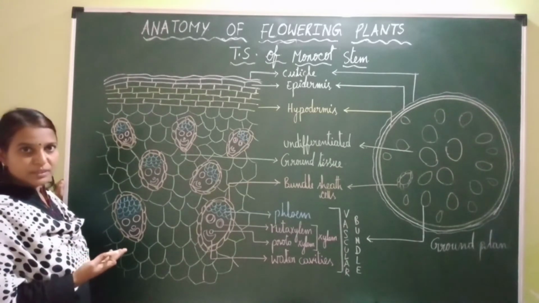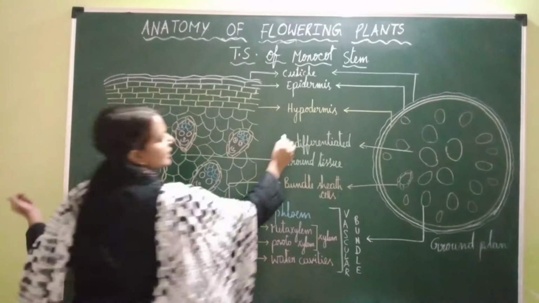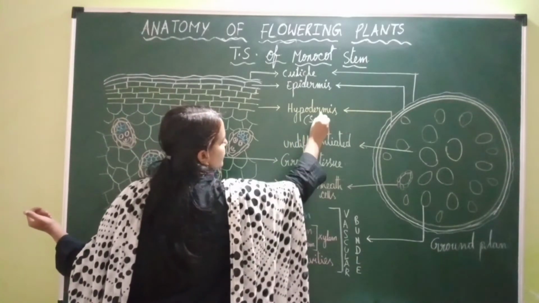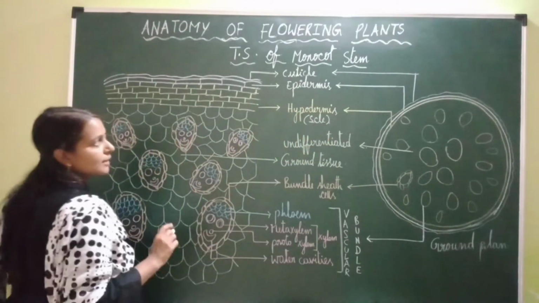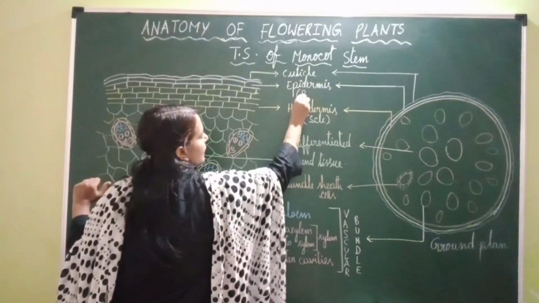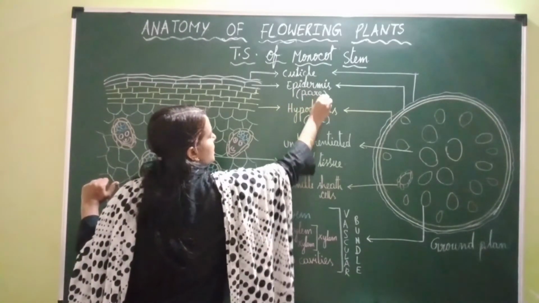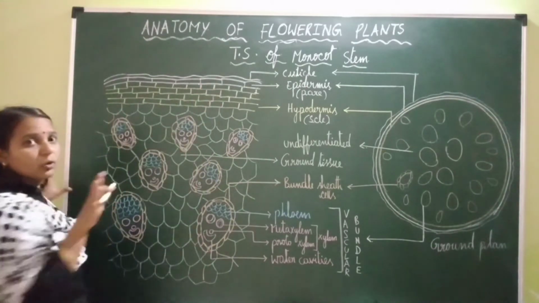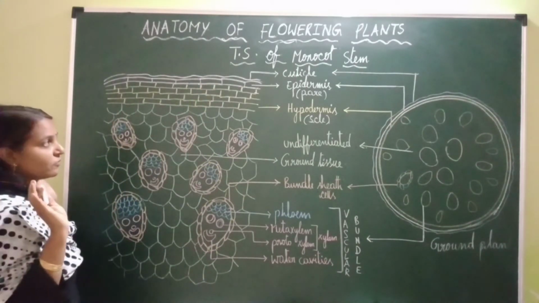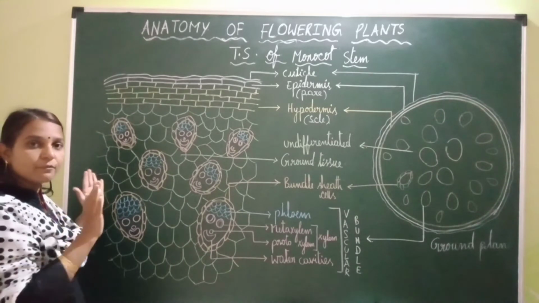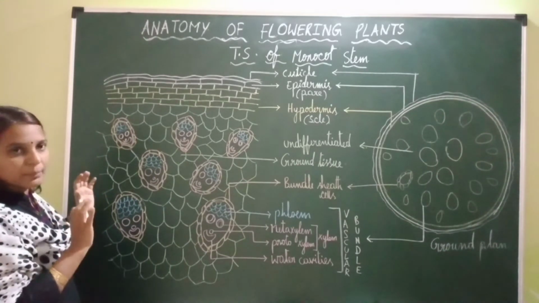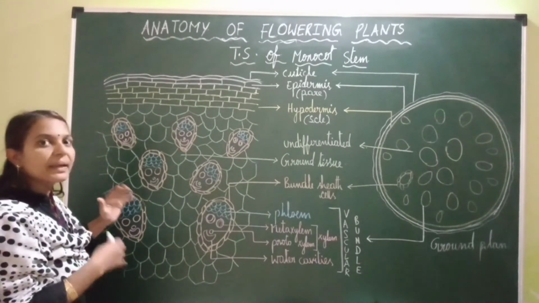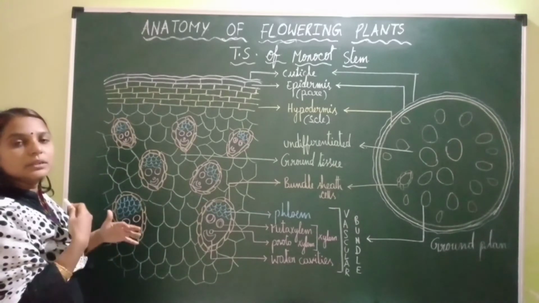Here, hypodermis is made up of sclerenchymatous cells. Epidermis is parenchymatous, hypodermis is sclerenchymatous. In epidermis also, in hypodermis also, there are no intercellular spaces. Function of epidermis is to provide protection and function of hypodermis is to provide mechanical support to the monocot stem.